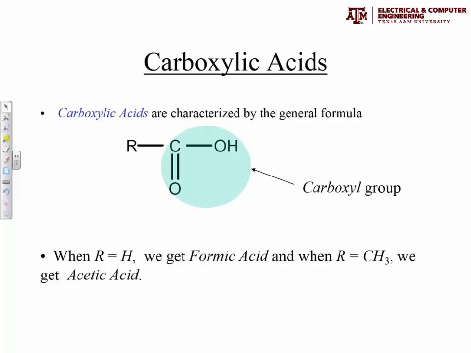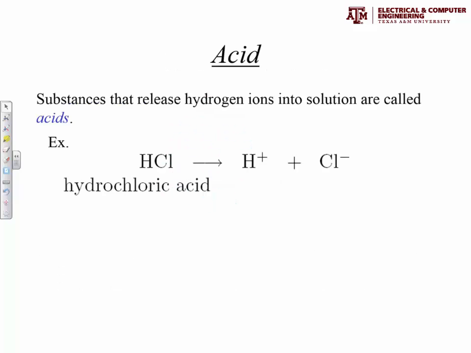Organic acids are weak acids, whereas inorganic acids like hydrochloric acid are very strong acids. So next we move on to talking about the strength of an acid. What is an acid? You probably already know that from high school chemistry. Substances that release hydrogen ions into solution are called acids.